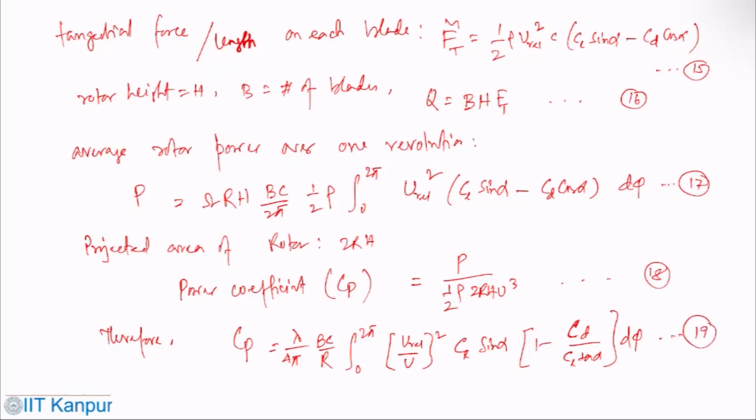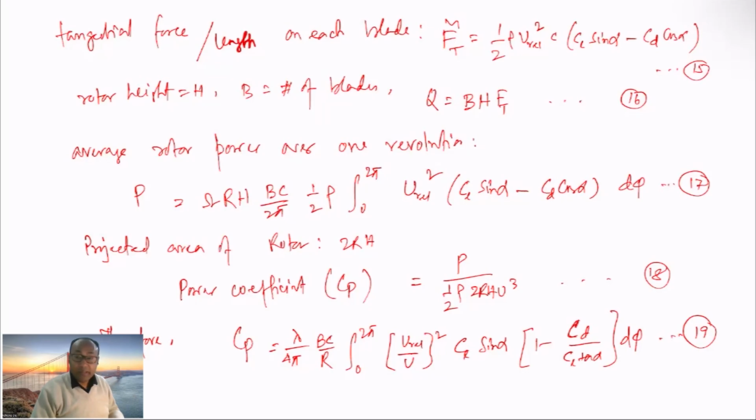So you get the power per revolution and Cp.